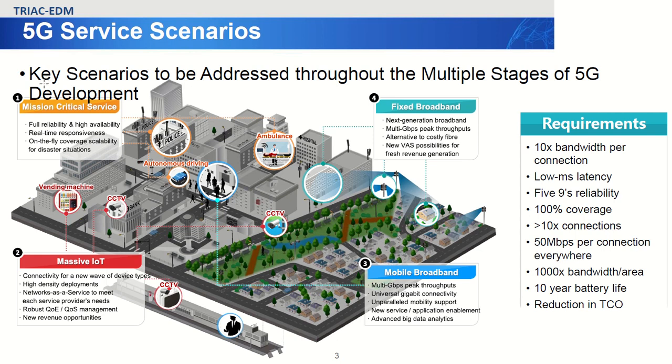These are key scenarios to be addressed throughout the multiple stages of 5G: mission critical service, fully reliable, high availability. For example, let's imagine if an earthquake happens, then the power is down and the landline connection may be down. Then what will you be able to do?